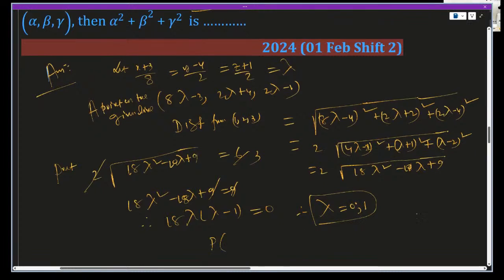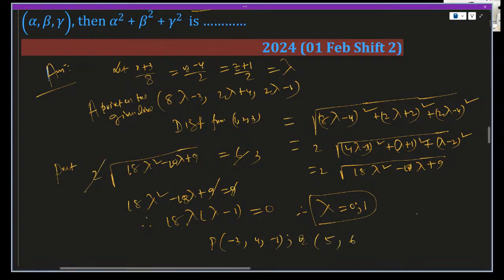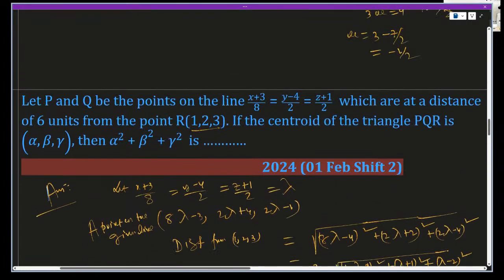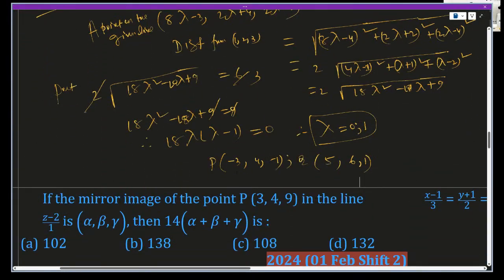For lambda equal to 0, P will be minus 3, 4 minus 1 and Q will be 5, 6 and 1. P and Q we got. R also we got 1, 2, 3. R is 1, 2, 3, no? Find the centroid.